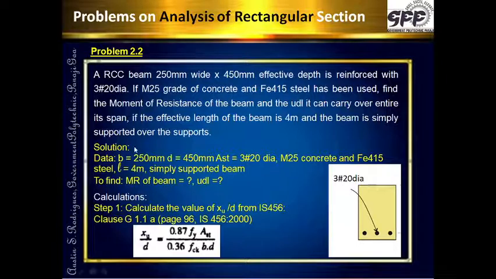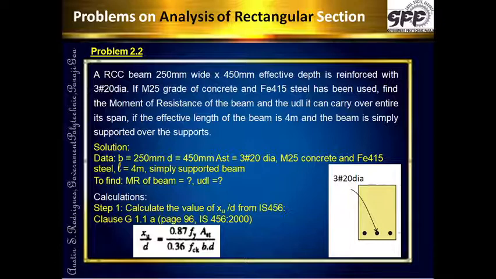So now let us start with the solution exactly in the same fashion as we had solved the previous one. Now the data given over here is B is 250 mm, the small d is 450 mm, small d is the effective depth, AST indirectly has been given to us as 3 bars of 20 mm dia. Please note, mostly everyone will be mentioning the AST only this way.